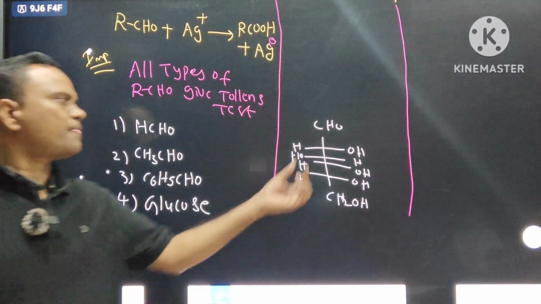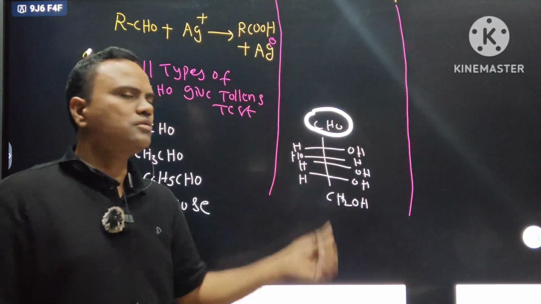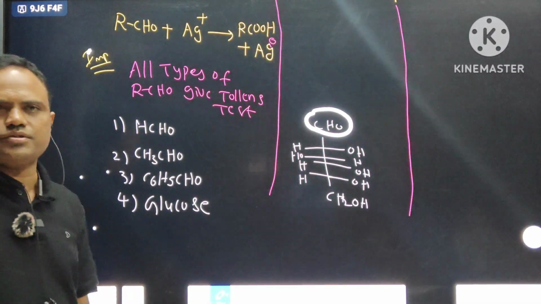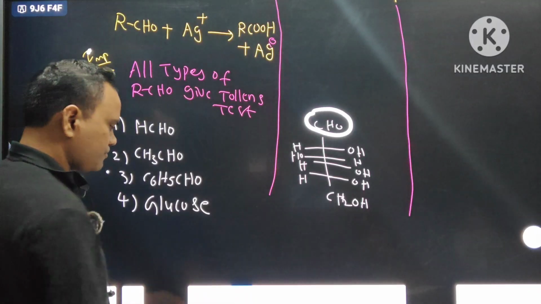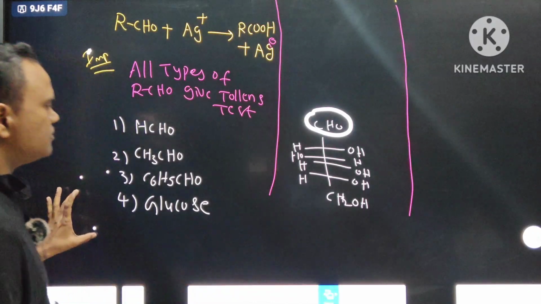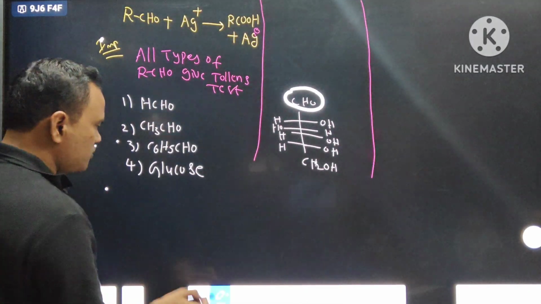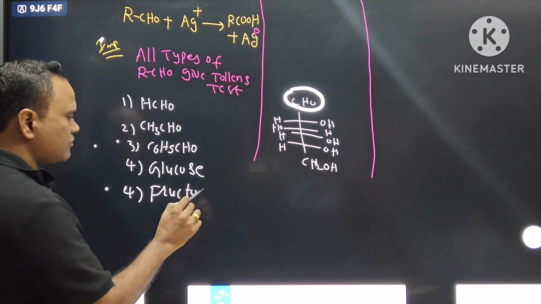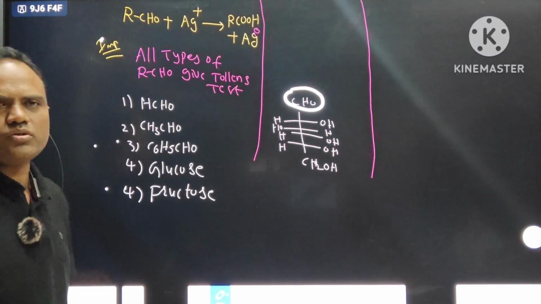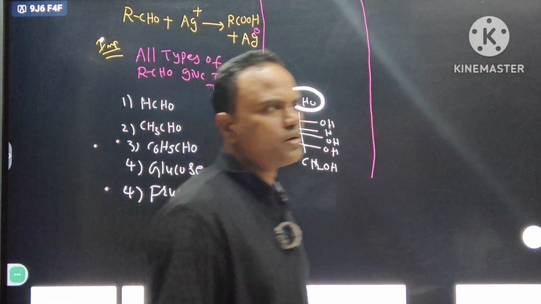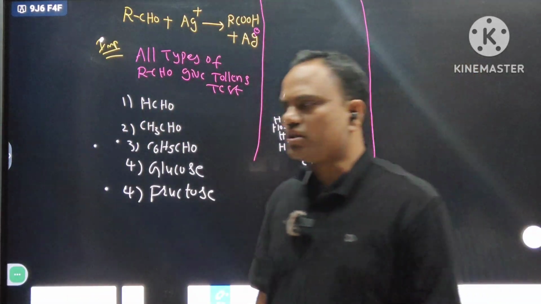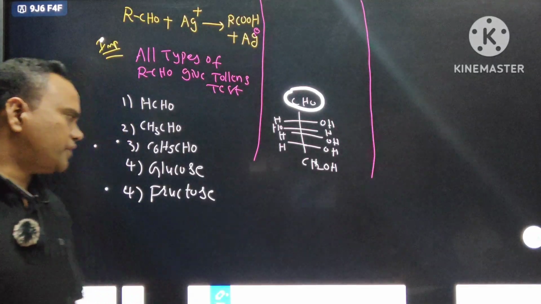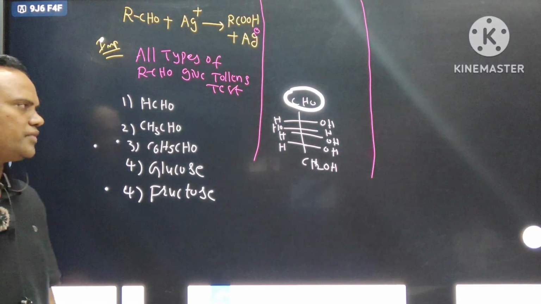Important example. In glucose, aldehyde group is present, right? So glucose also gives Tollens test. Similarly fructose also, carbohydrates, glucose, fructose. In fructose, free aldehyde group is not present, but in basic conditions it will convert to aldehyde group. Very, very important.